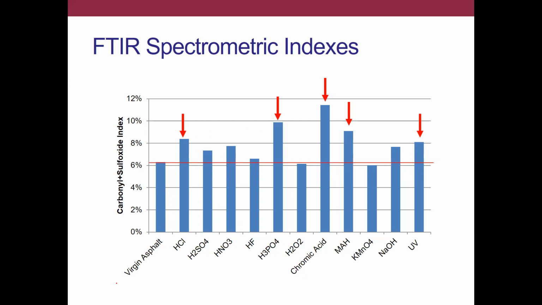So now we've established that these different treatment options do indeed oxidize the asphalt, and that there may be some evidence of improving the mechanical properties. But what about the actual chemical bond? What about the actual chemical affinity to bond?